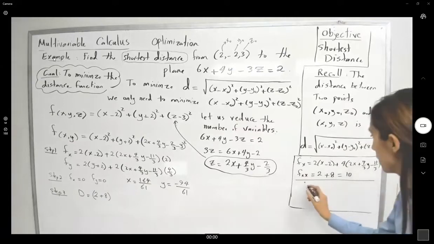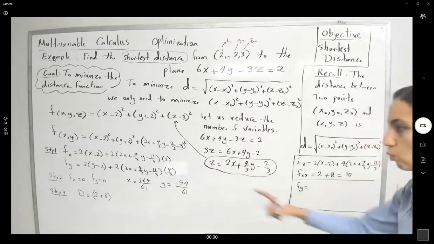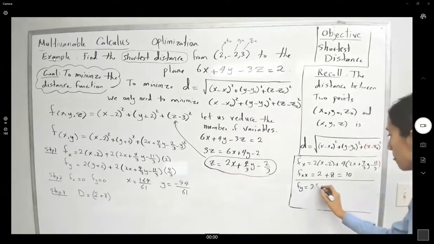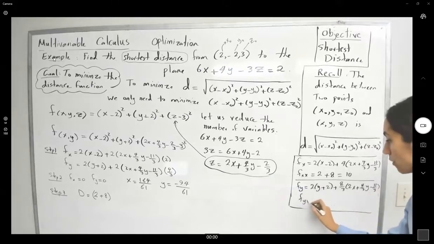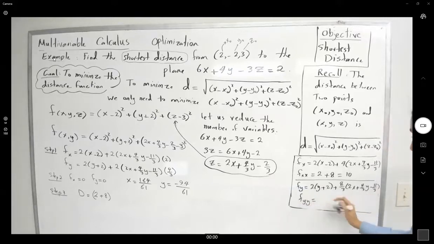Then here we have f of y, which is equal to 2 times y plus 2 plus 8 over 3 times 2x plus 4/3 y minus 11 over 3. So the second derivative of the function with respect to y is equal to 2 plus 8 over 3 times 4/3. Very well.